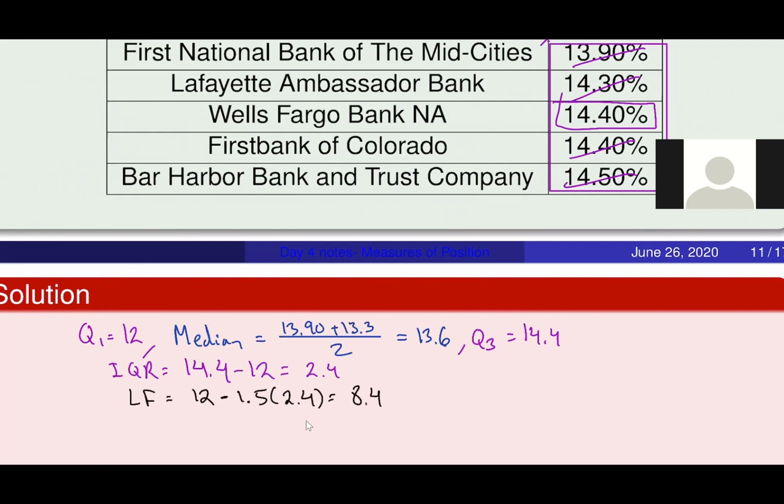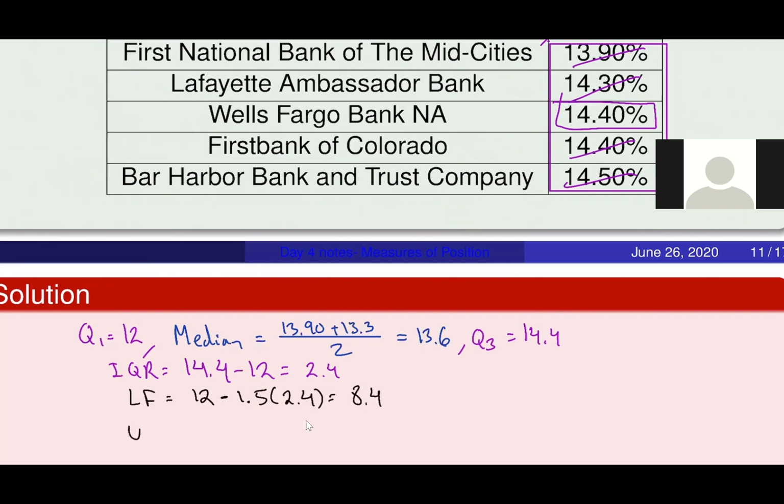That means any number lower than 8.4 will be considered an outlier, because anything below 8.4% is an outlier. If you get 7, 6, or 5 as an interest rate, those values are too low and should be considered outliers.